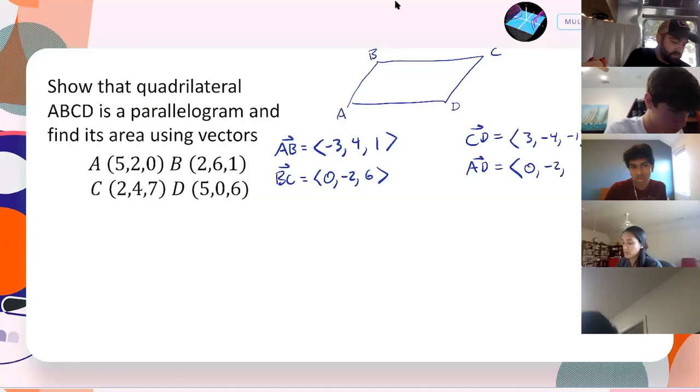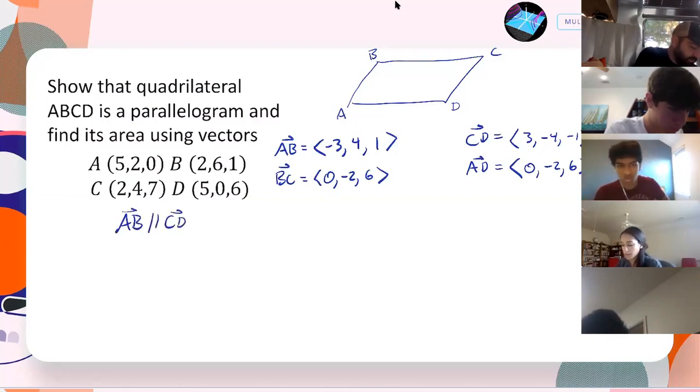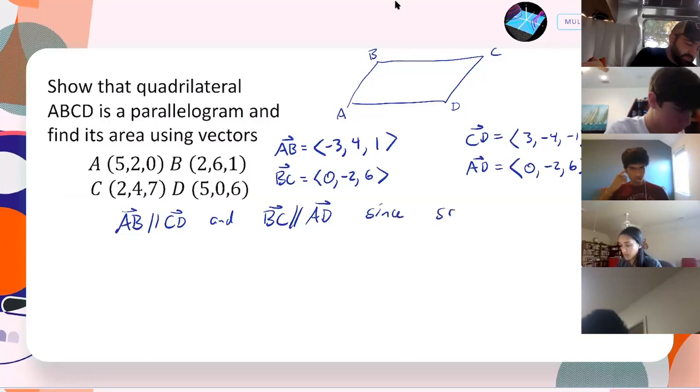And 6 minus 0 is 6. And so you should already be able to see it's a parallelogram, right? Opposite sides are parallel. So AB is parallel to CD, and BC is parallel to AD, since they're scalar multiples.